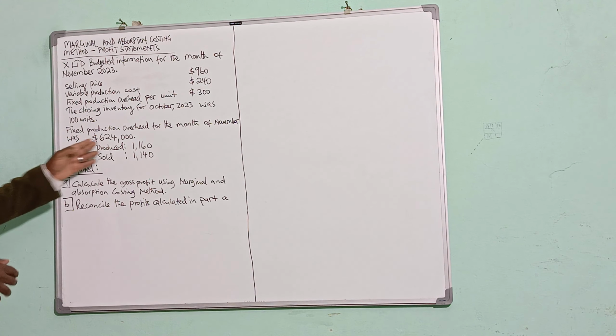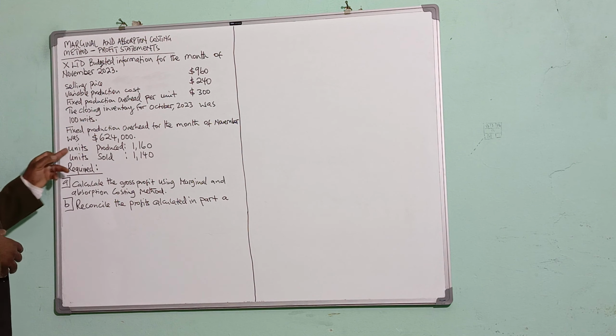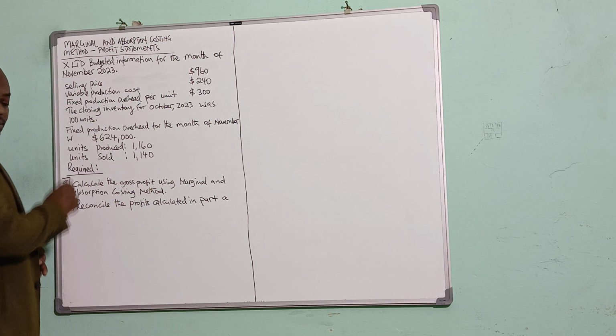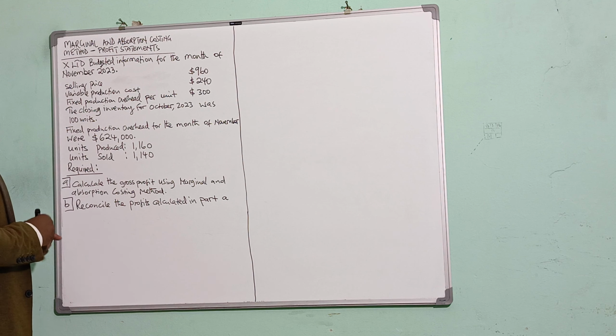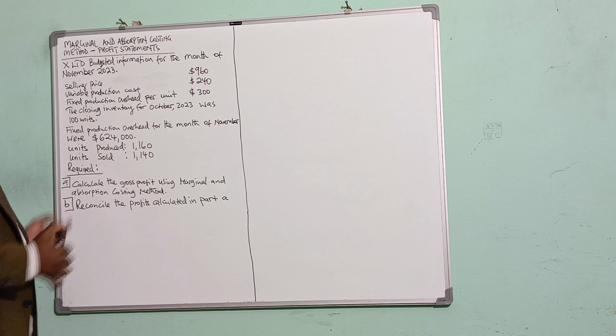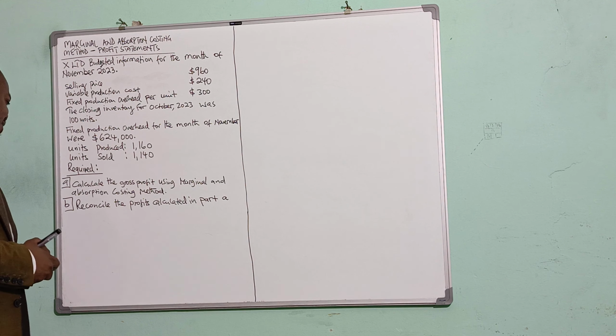Fixed production overhead for the month of November was $624,000. Units produced in the month of November is 1,160 units, and the units sold is 1,140 units.